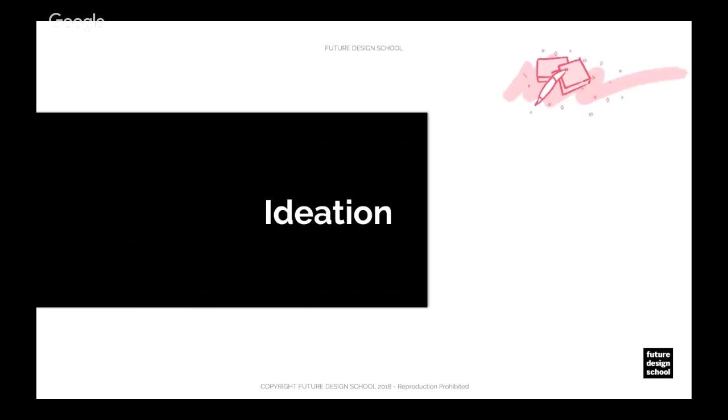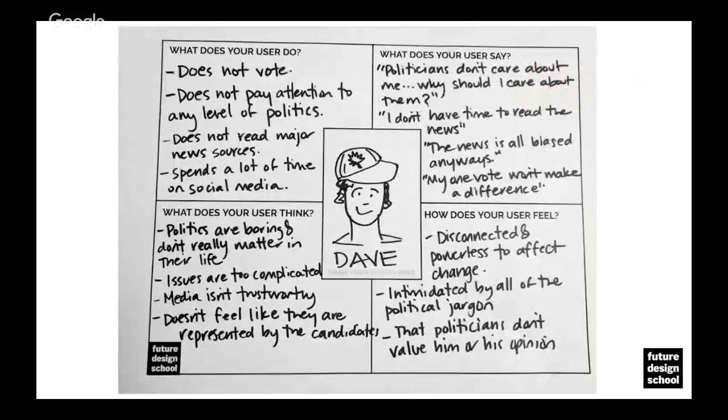So with that in mind, we want to talk about ideation. And again, we just want to show this example of Dave, which is going to help us inform what we are doing for the next little bit in creating a solution. When you're thinking about ideation, you want to reflect back on your user persona that you created based on your users, and think about what those unmet needs are.